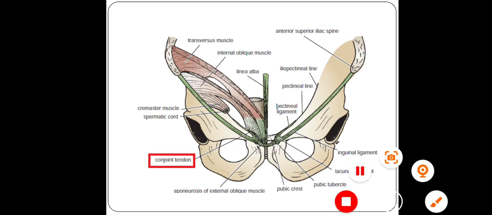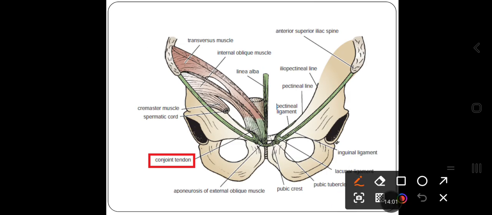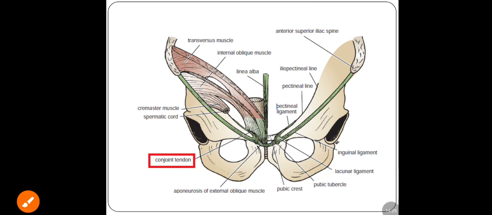Here is the conjoined tendon, the lower margin of the internal oblique and transversus abdominis, which arches above, in the male, the spermatic cord and then attaches to the pubic crest. Here, when it fuses and attaches to the pubic crest, it is known as the conjoined tendon.